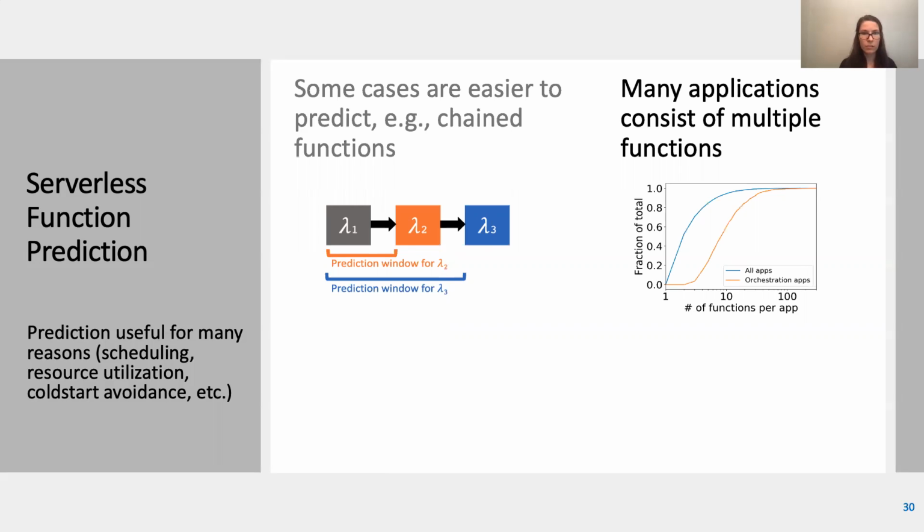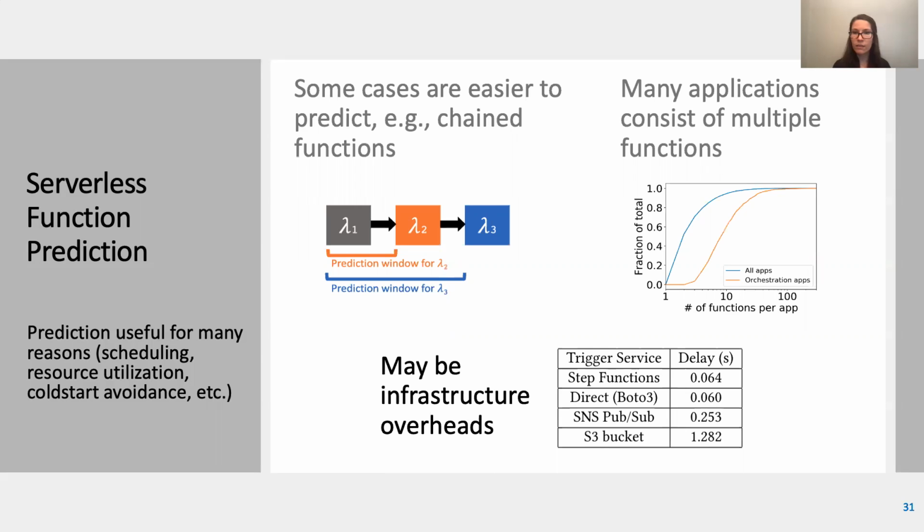There are more details in our paper about these last 2 points, but we do observe that many applications consist of multiple functions. And the way that these functions call or invoke each other or are chained may lead to infrastructure overheads. And these infrastructure overheads could potentially be used to lengthen that prediction window we'd have in order to execute Freshen proactively.